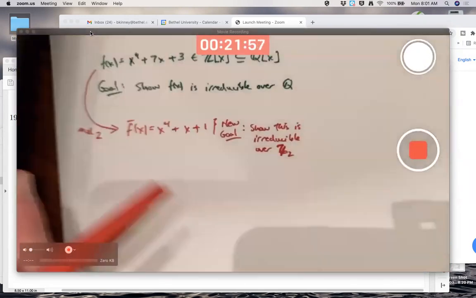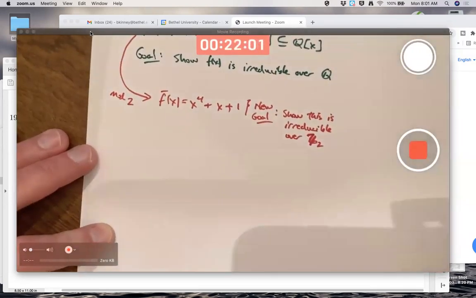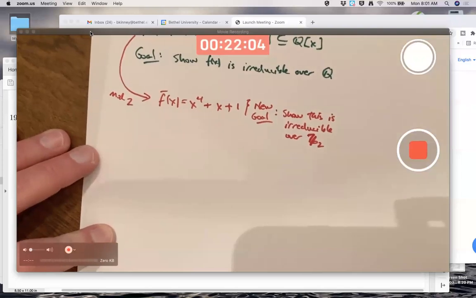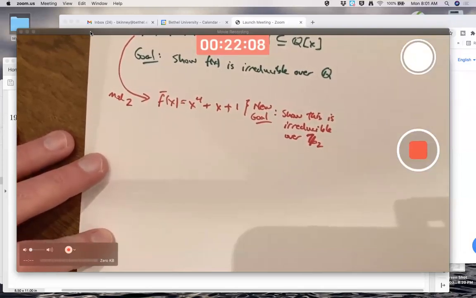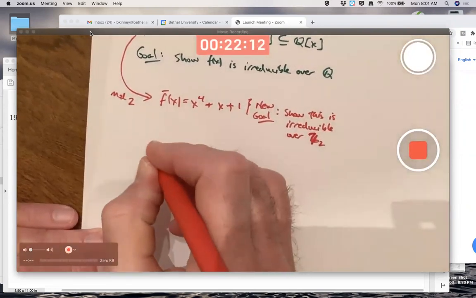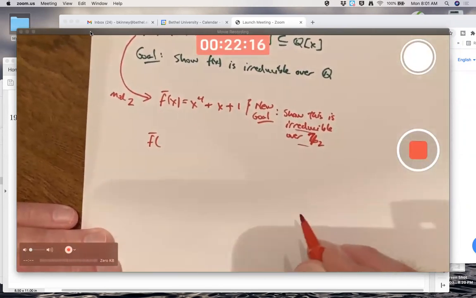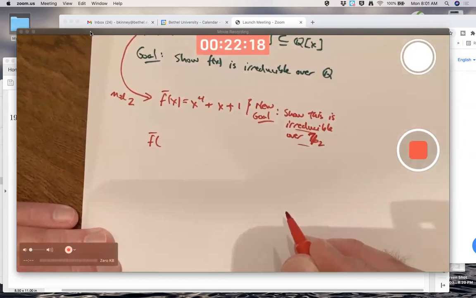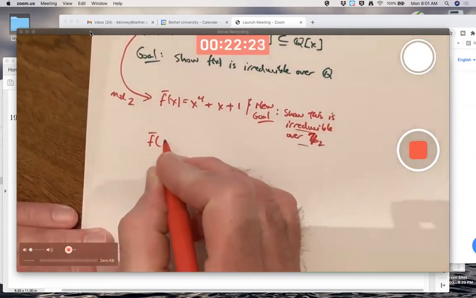So to start, we're hoping this is going to be irreducible. So we're hoping that it doesn't have a 0, because if it did have a 0, then it would be reducible. But we need to check that. We're trying to show it's irreducible over Z2. It's worth checking to see if 0 and 1 are roots of this.